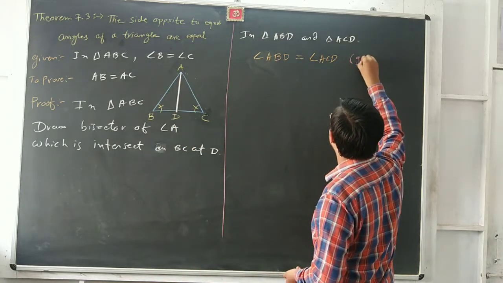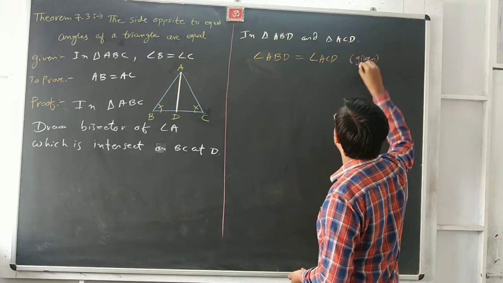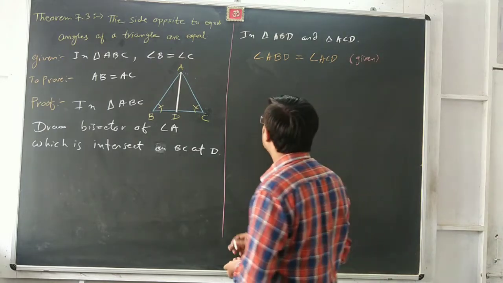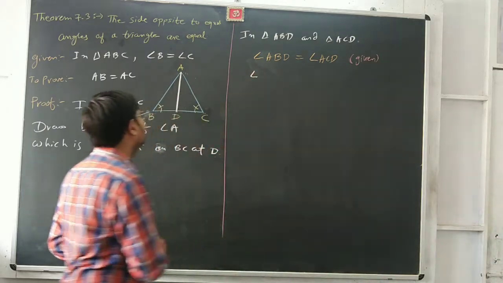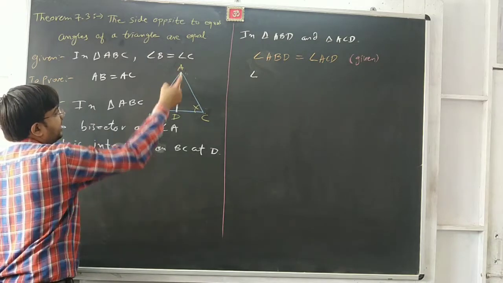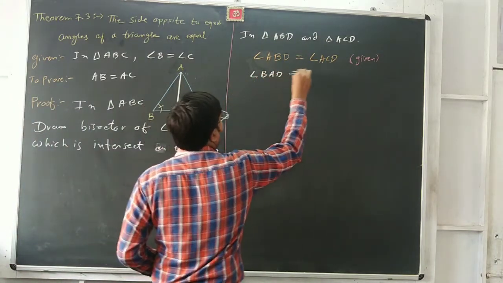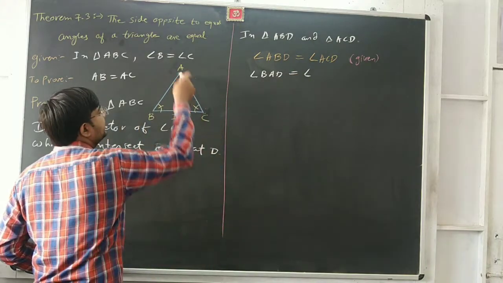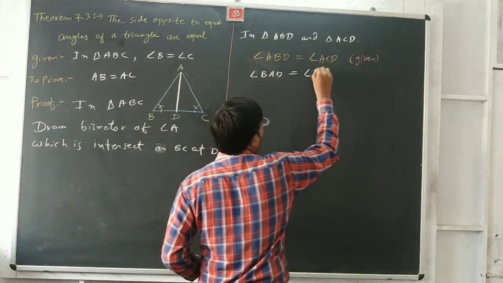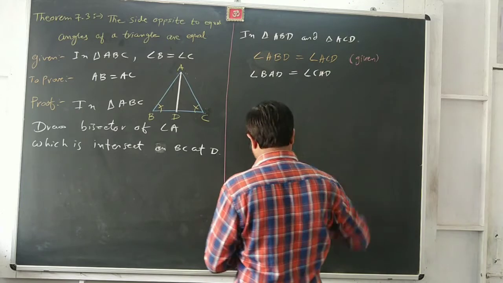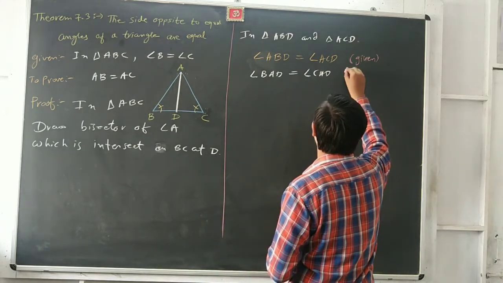So, given this. Now, angle BAD is equal to angle CAD. Why? By the construction.